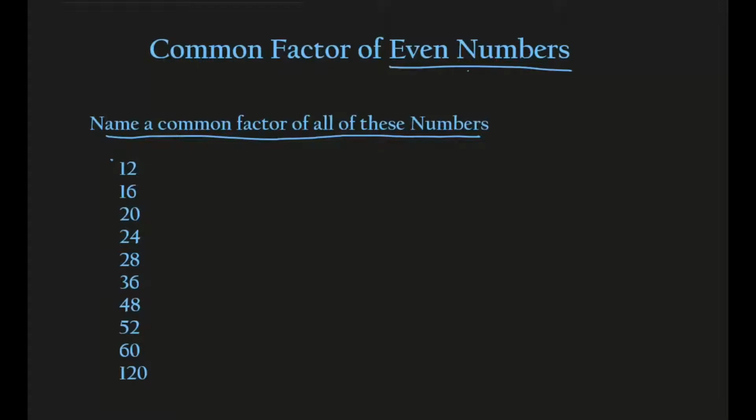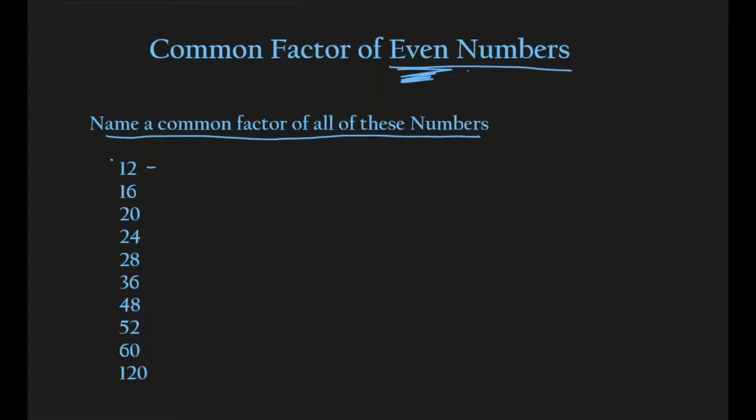If you pay close attention, you realize that all of these numbers are even numbers, like it says in the title. So we'll find a common factor of all of these numbers. Let's start with 12. Let's list all the factors of 12.